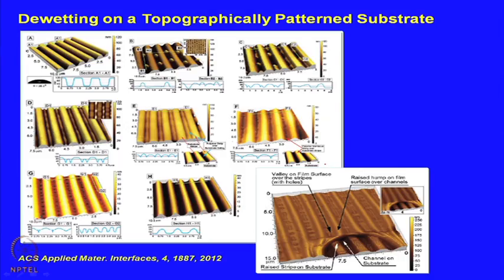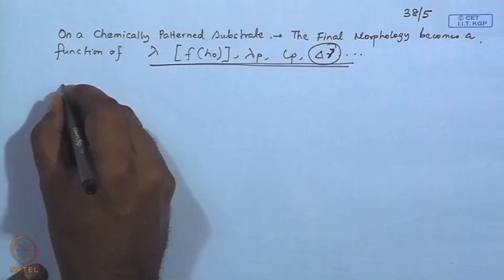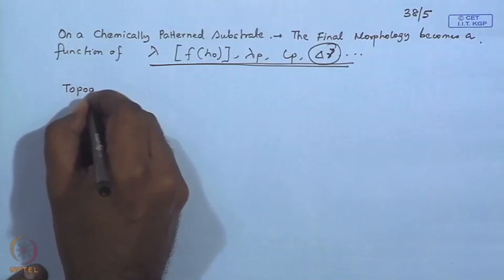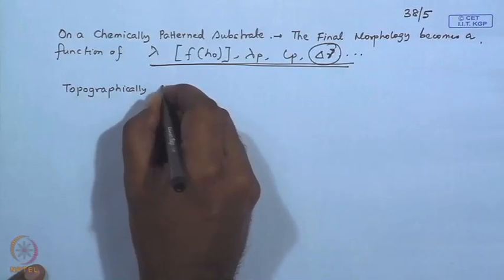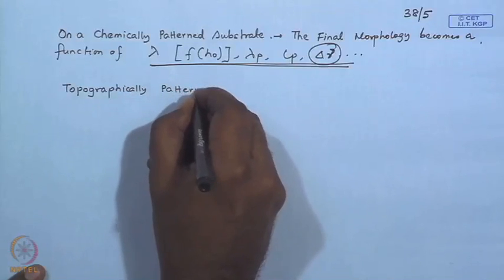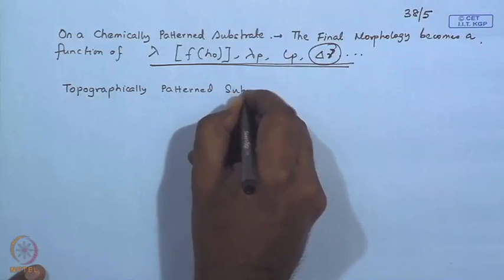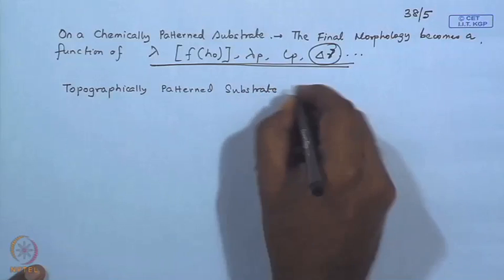So, similar to using a chemically patterned surface, one can also use a topographically patterned surface for aligning the structures.